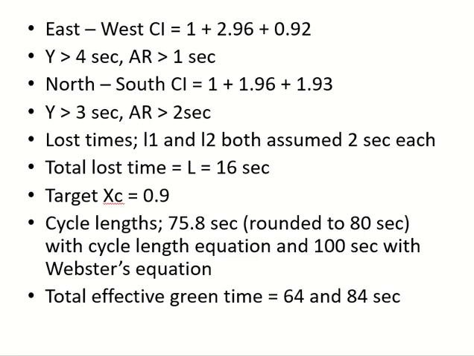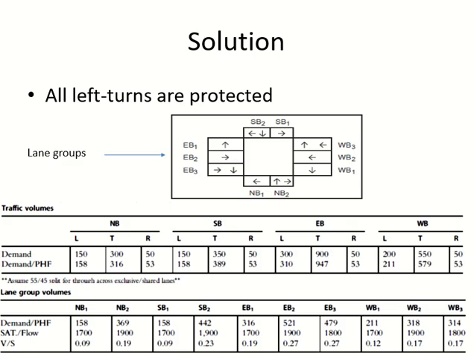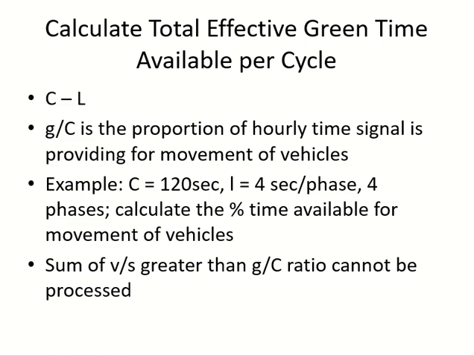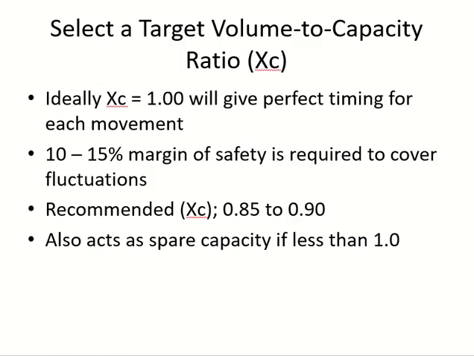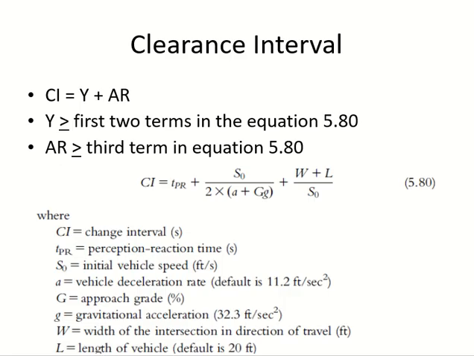The next step is to find out the yellow and all red time. Yellow and all red time is calculated from these equations. I need the perception reaction time. It's a standard. For signals it is taken as 1 second.